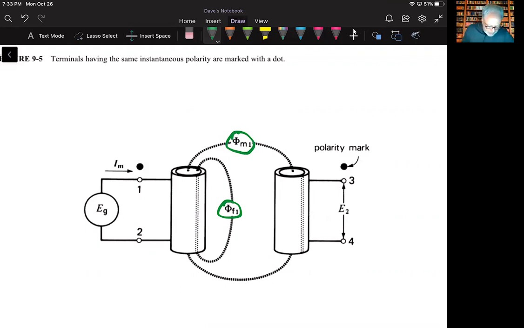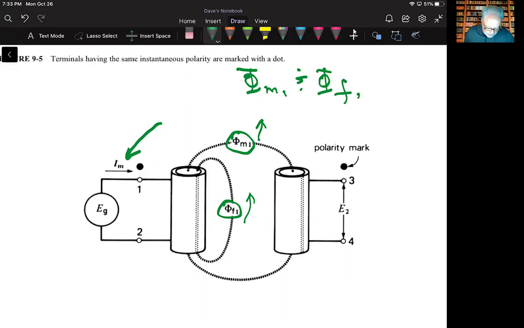But since they're both created by the magnetizing current, we can say that both of these are in phase with each other, because as one rises, the other is going to rise too. So they would reach their peak values at the same time, and they would reach their 0 points at the same time.